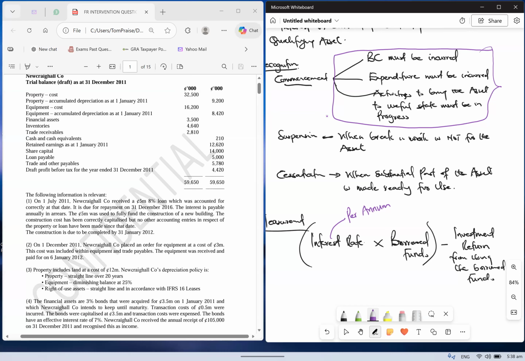That means that the interest is not treated as an expense. The interest is added to the value of the asset. But the time it commences matters. And when they suspend, you must also reduce the months. I'm saying you suspend when the break is not for the asset.